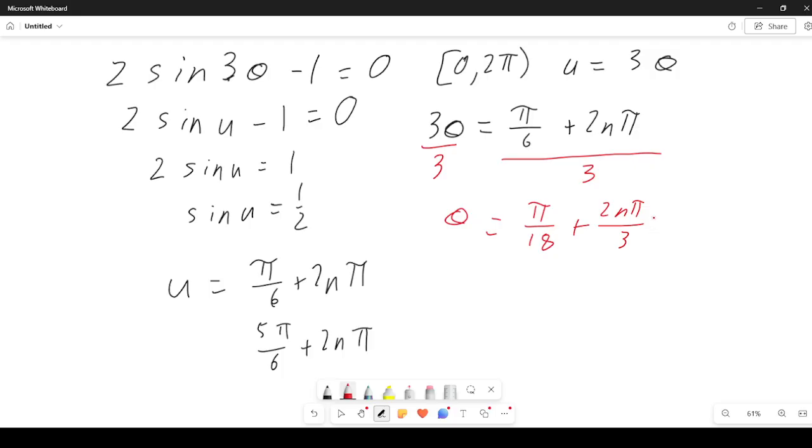Let's make these have a common denominator. Pi over 18 plus, times 6, 12n pi over 18. And then 2 pi, if we get it to have a common denominator, that's our upper limit, would be 36 pi over 18.